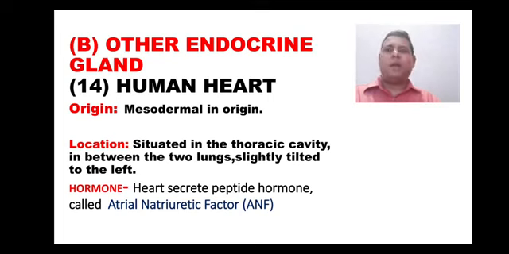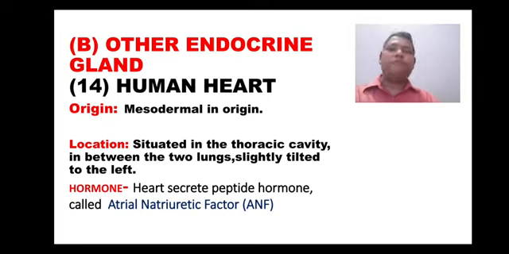The weight of the heart is said to be about 0.45% of body weight in males and 0.40% in females. Origins: mesodermal in origin. Location: situated in the thoracic cavity in between the two lungs and slightly tilted to the left.